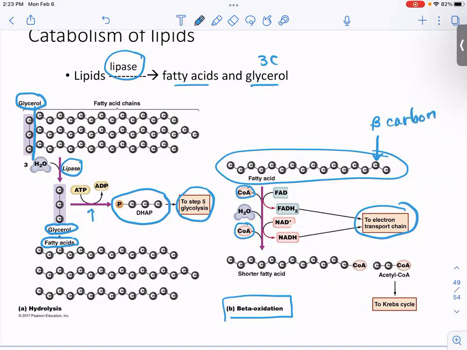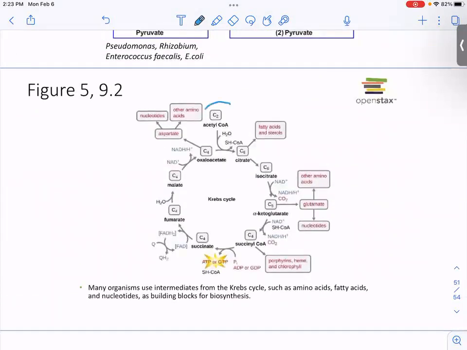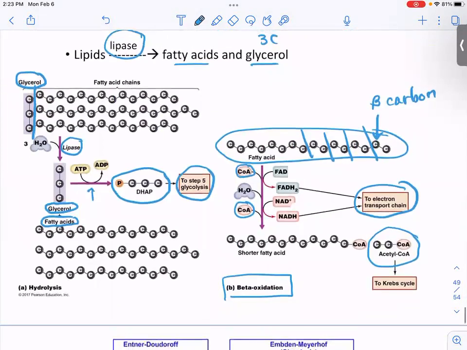So basically we get cuts made every 2 carbons like this, and each one of those 2 carbons becomes an acetyl-CoA. So all of those are entering into the Krebs cycle. Remember, like right here. So we're getting lots and lots of electrons coming off each turn of that Krebs cycle. So those fatty acids can be converted into a huge amount of energy. Again, that's the process of beta oxidation, in a nutshell.